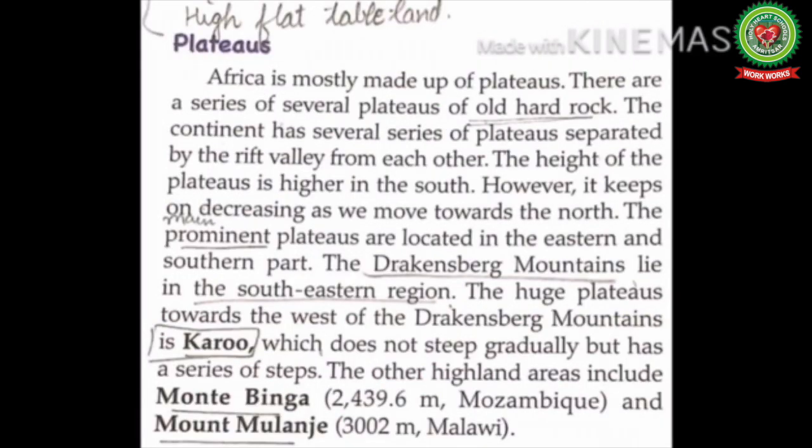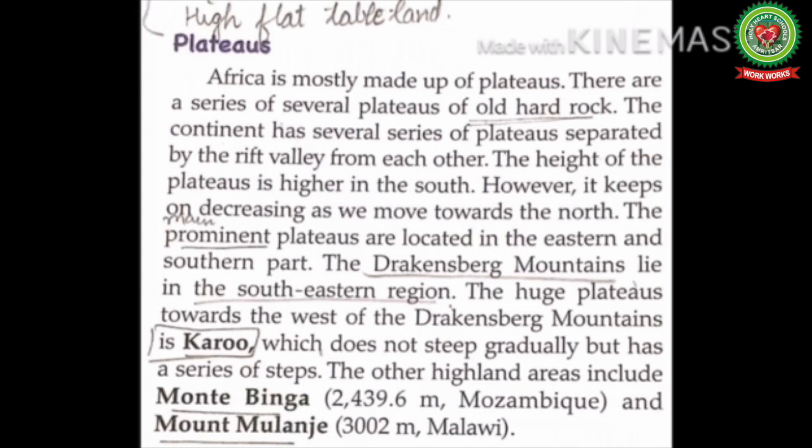Next is plateaus. What are plateaus? These are high flat tablelands. Africa is mostly made up of plateaus. There are series of several plateaus of old hard rocks. The continent has several series of plateaus separated by the rift valley from each other. The height of the plateaus is higher in the south. However, it keeps on decreasing as we move towards the north.